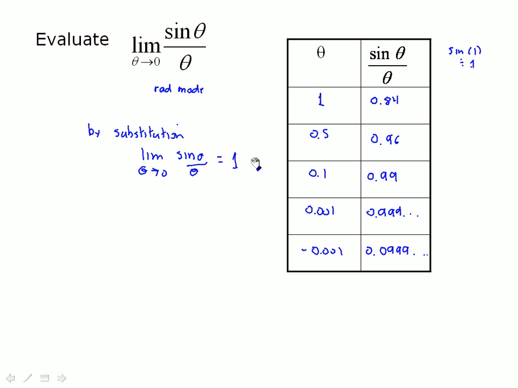It seems reasonable, and in fact, if you were to graph this one, just y1 is equal to the sine of x divided by x, I think you'd see that it also does appear to be approaching 1.